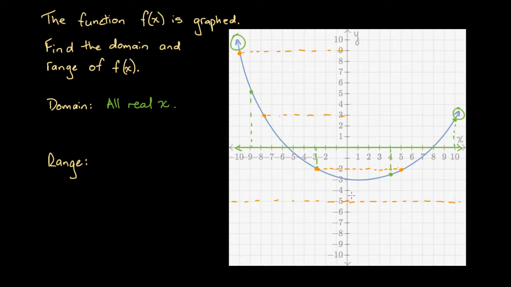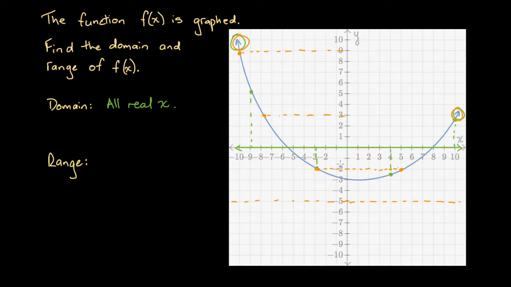However, all y values greater than -3 and including -3 are valid outputs. Again, this arrow indicates that this function continues upward forever to y equals infinity. Thus, we can say the range of this function is all y values greater than and including y equals -3.